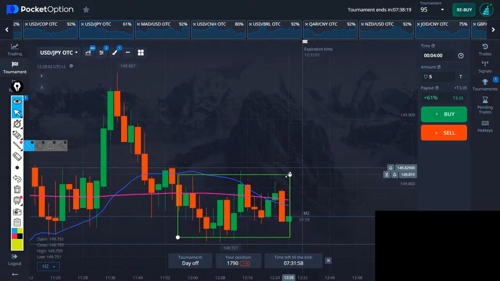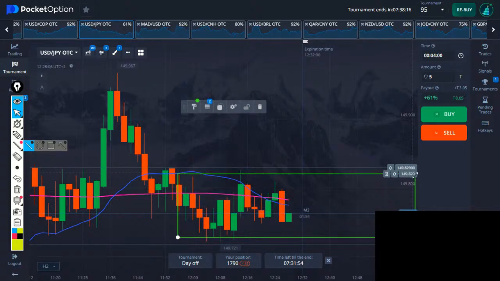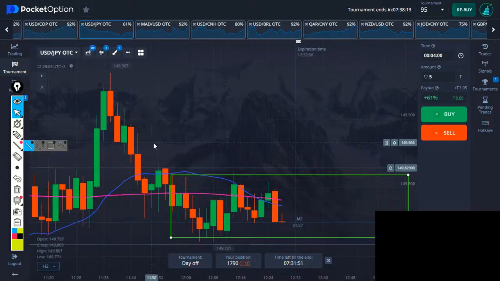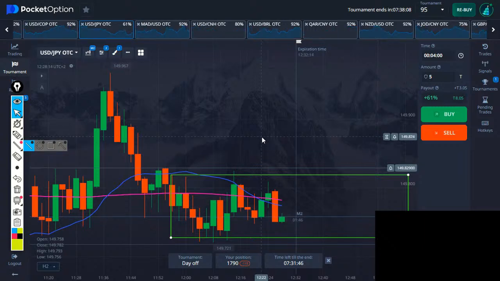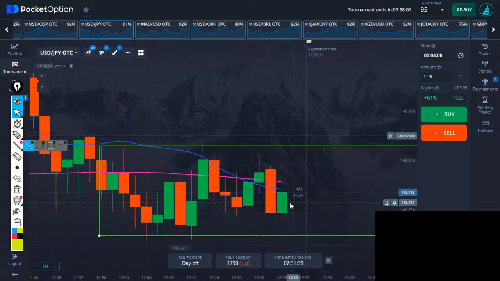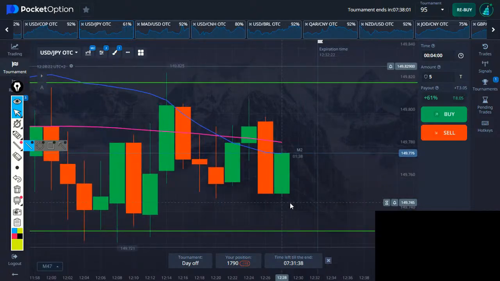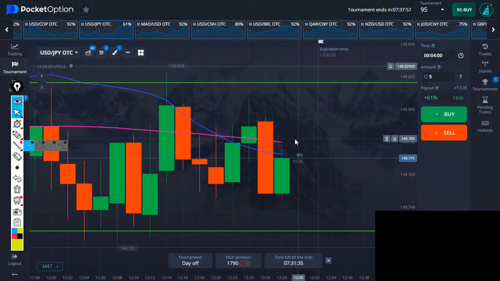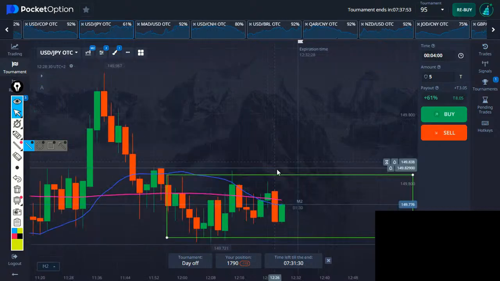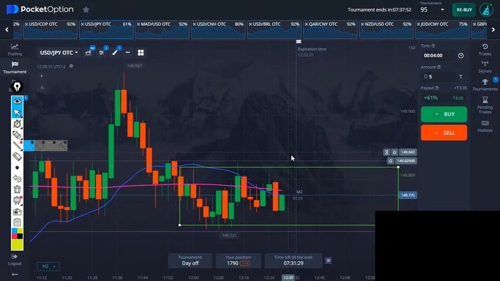However, it is completely worth it. See how tight the situation is? Very close together, both the 200 SMA and the 20. We need a strong close either above or below the green lines.